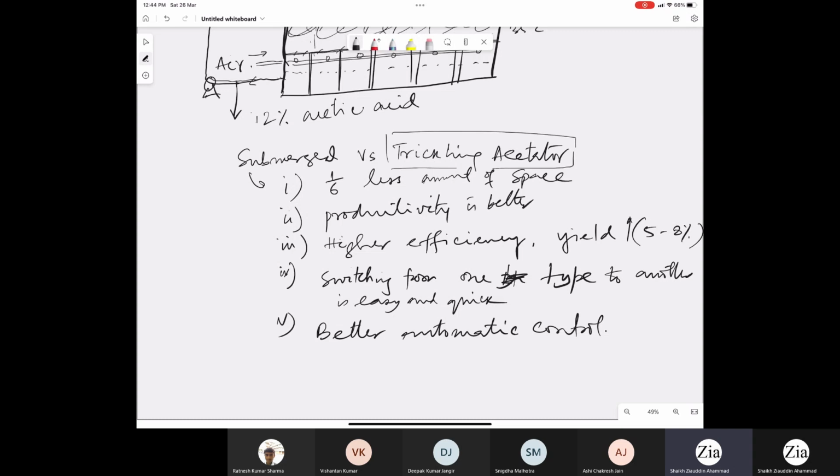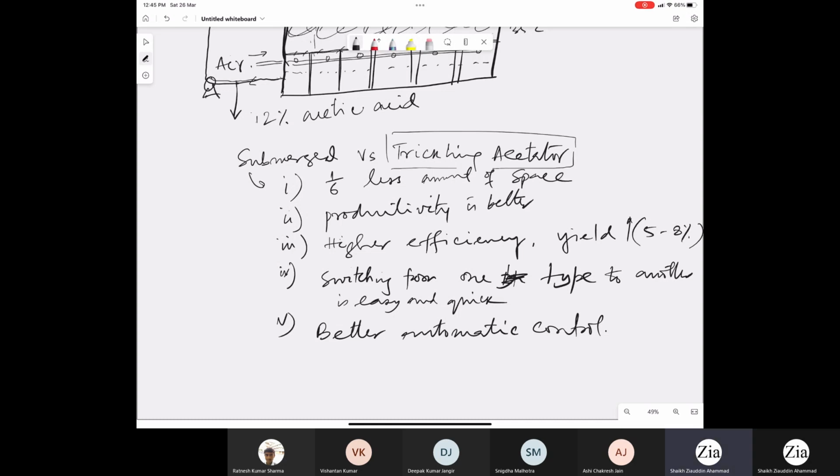So when you try to grow the organism, you have very poor control on maintaining sterility. Although you are relying on one type of organism, in the trickling filter or trickling acetator or generator, we have really very low control over maintaining the sterility in the system.